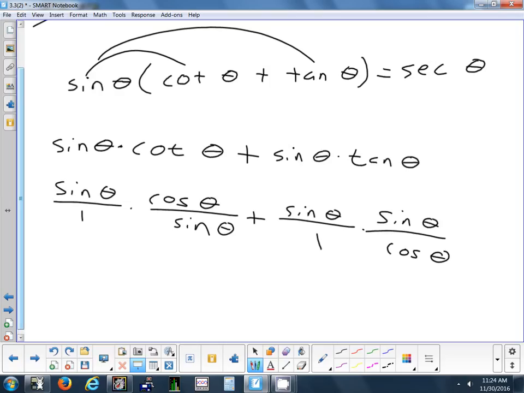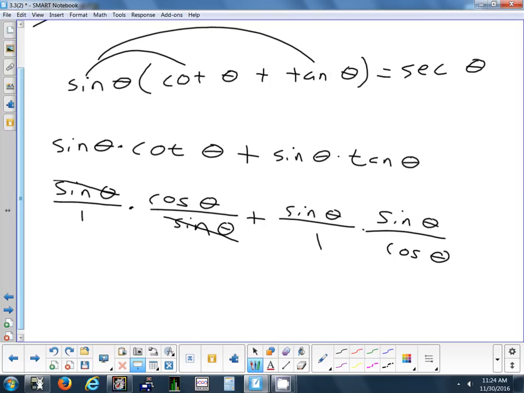All right, what's going to happen now? Whenever I have multiplication, I can cancel if I have the same thing in the top and the bottom. Could I cancel the cosines? I got one in the top, one in the bottom? No, that's addition. You can't cancel across an addition sign. And there is nothing else that's going to cancel on the right-hand part.